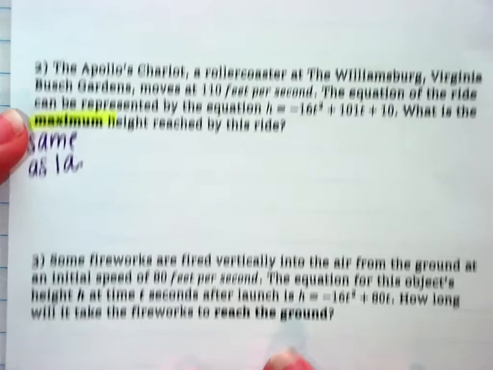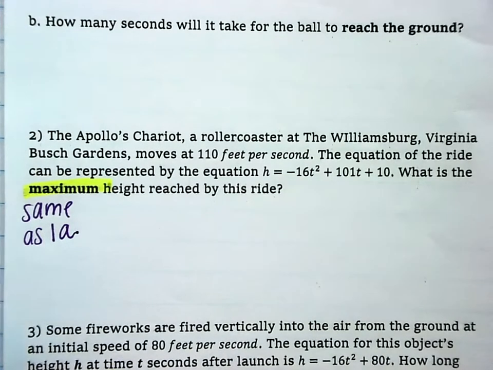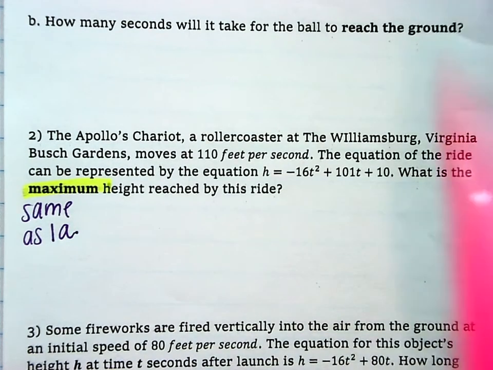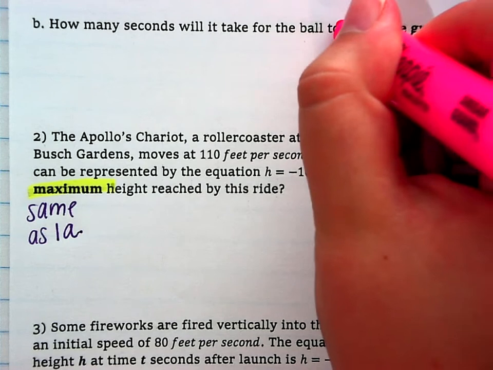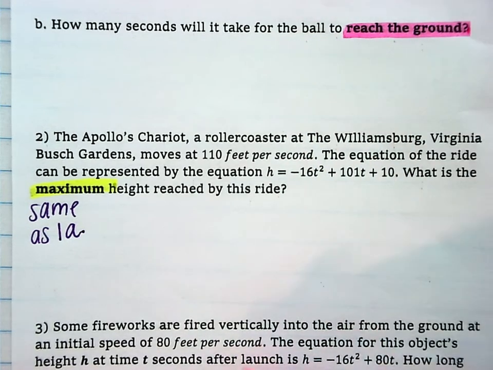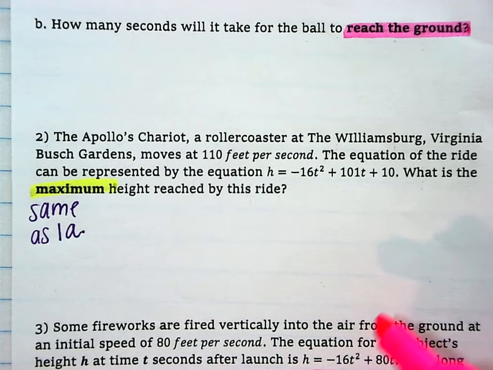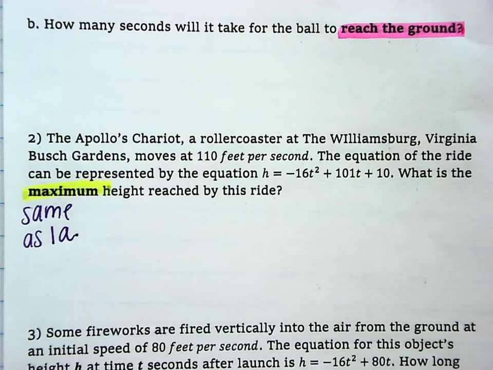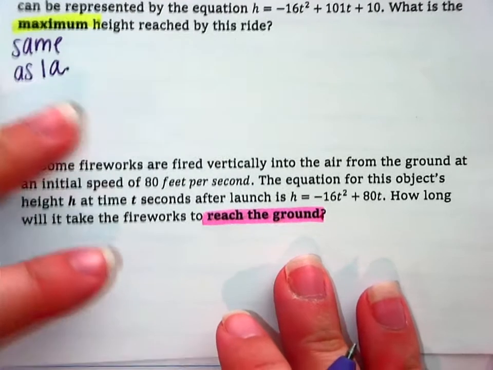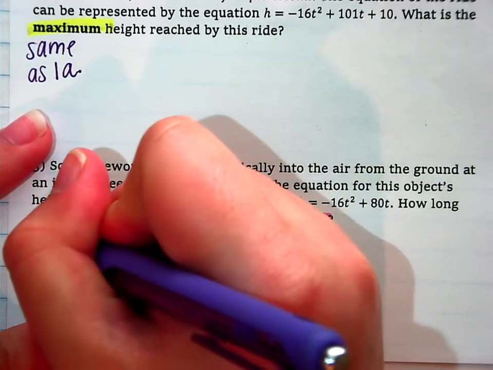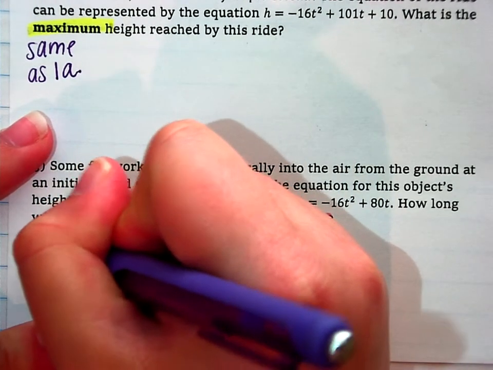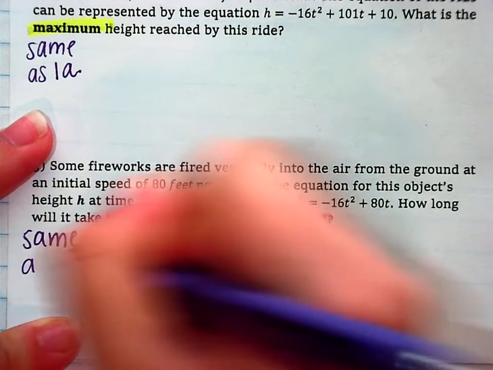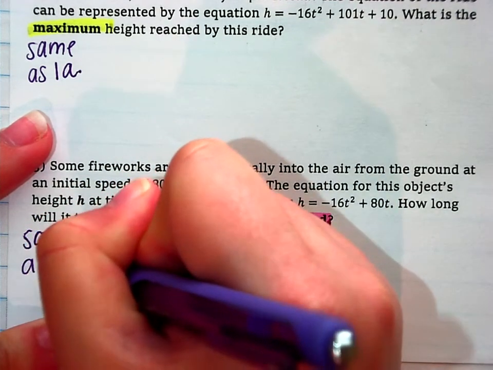And then number 3 is going to be the same as 1B. It's asking how long does it take to reach the ground, and number 3 is also asking that same question. So when you go to do number 3, go back and look at 1B. It's the same as 1B.